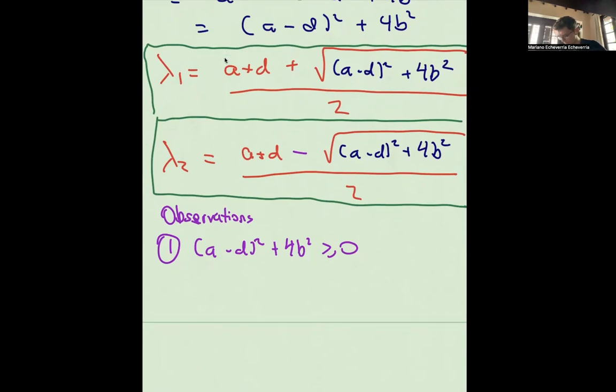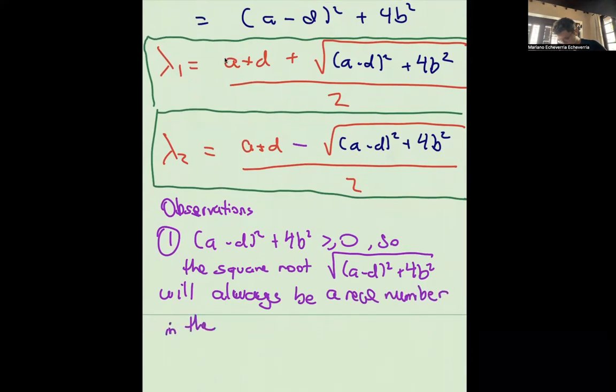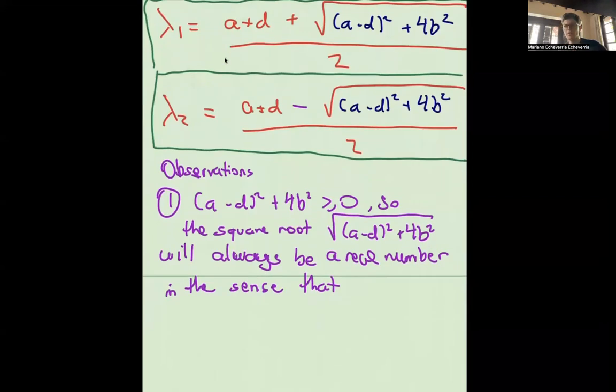So the square root will always be a real number, in the sense that no square roots of -1 will appear.